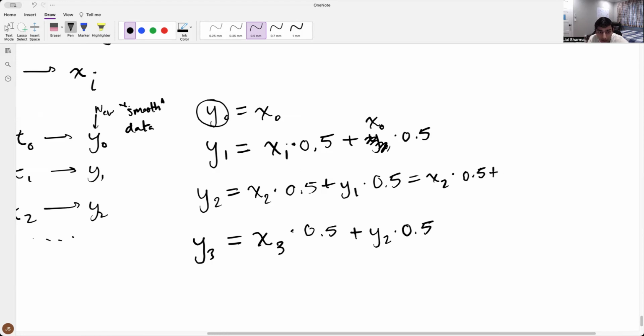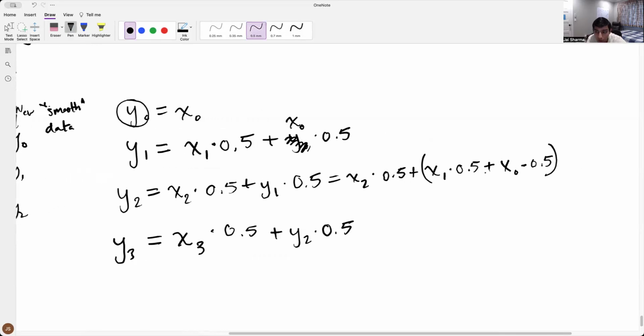What is y1? x1 times 0.5 plus, actually I have to put this in parentheses, plus x0 times 0.5, close parentheses, and then we have this 0.5 at the end. So all of this is just y1, and then this is multiplied by 0.5.